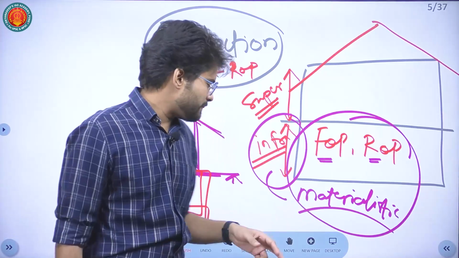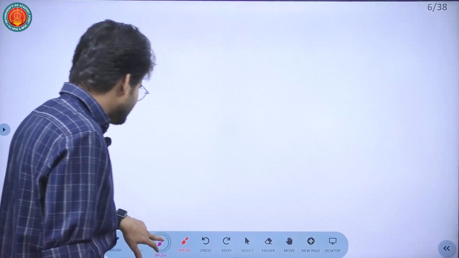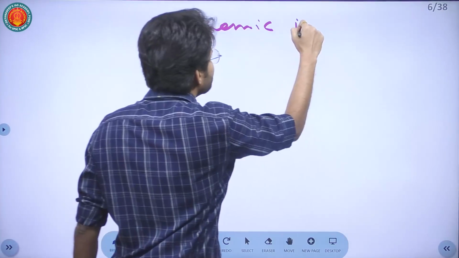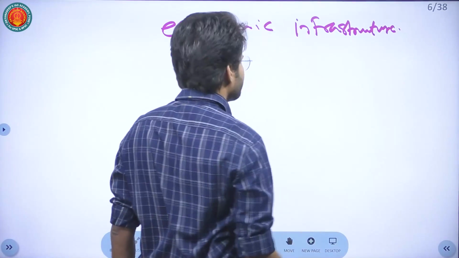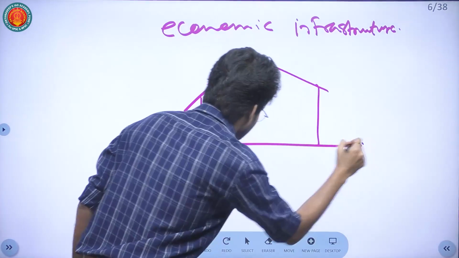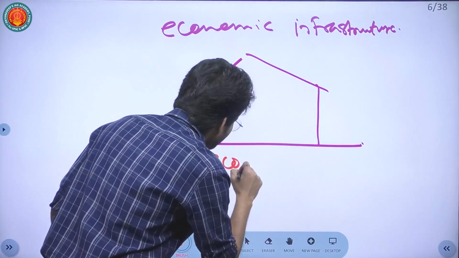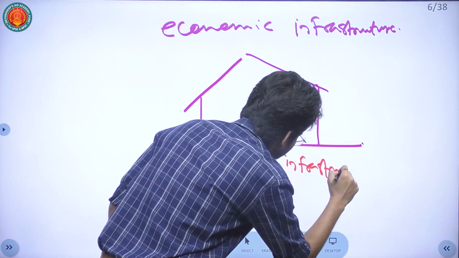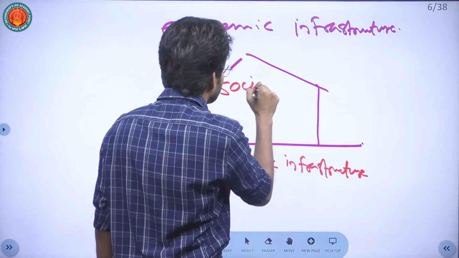Let's continue our discussion. Now we'll take the reference of all these concepts. The concept is economic infrastructure. According to Marx, this structure of society, if this is society, the foundation is economic infrastructure, and the superstructure is called the social superstructure.